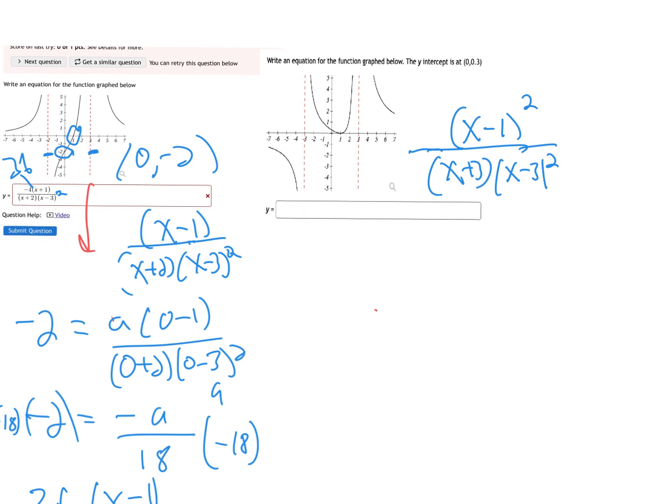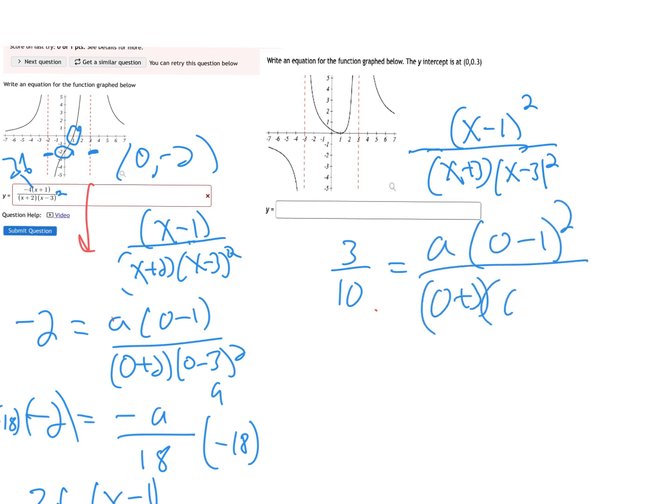So that same thing, I'm going to write 3 over 10 equals some number a times 0 minus 1 squared over 0 plus 3 times 0 minus 3 squared. So that's going to give me 3 over 10 equals, let's see, negative 1 times negative 1 is 1. So just a over, let's see, 3 times 9 is 27.